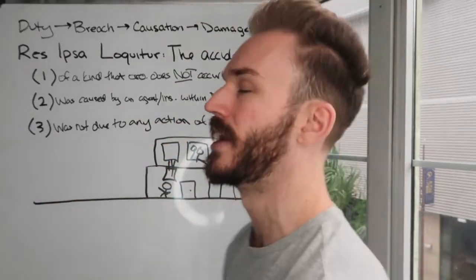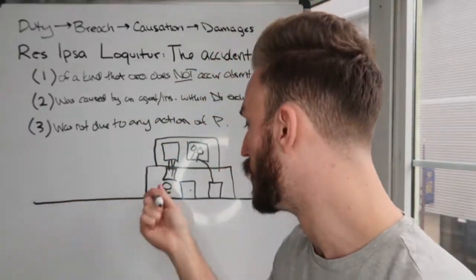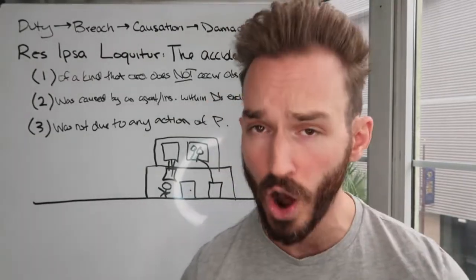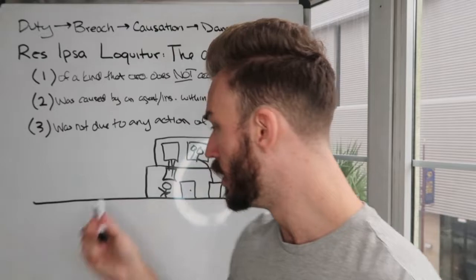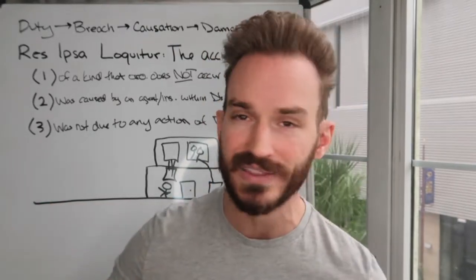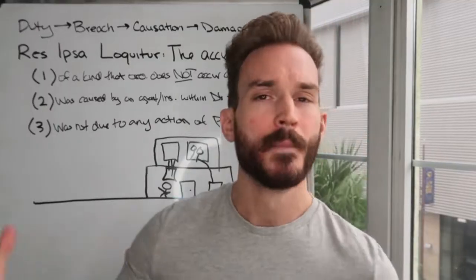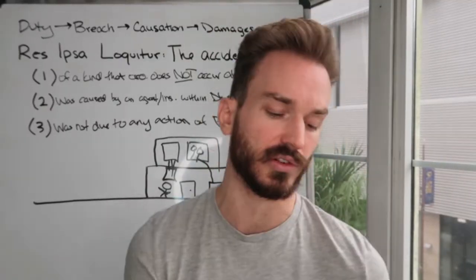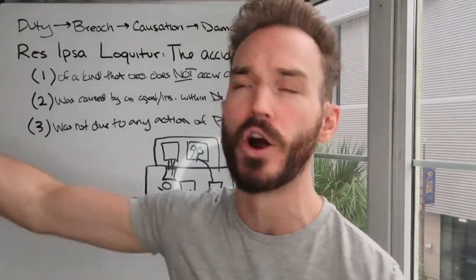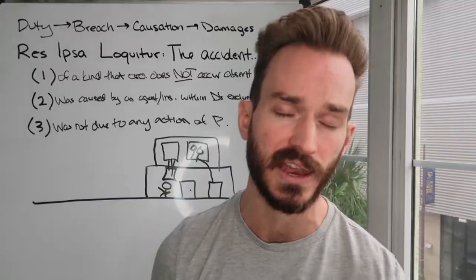Finally, we can ask whether the accident resulting in harm in Byrne v. Boadle was due to any action taken by the plaintiff. Was Byrne in any way contributorily negligent to his harm? Here again, Byrne is just walking down the sidewalk minding his own business. He has no idea that any of this is going on. Maybe he can see some guys loading or unloading barrels, but in no way could he possibly foresee that a barrel was going to fall out of this window and hit him, right?